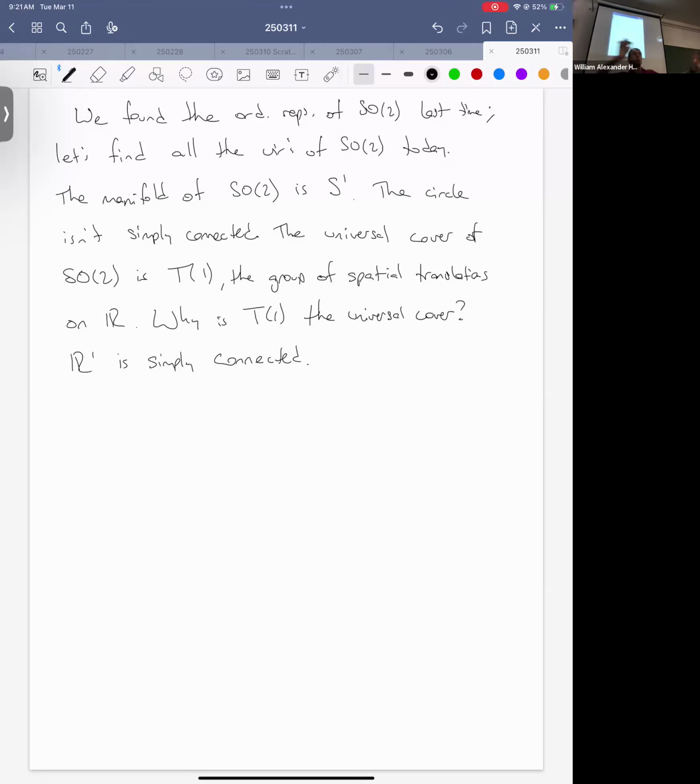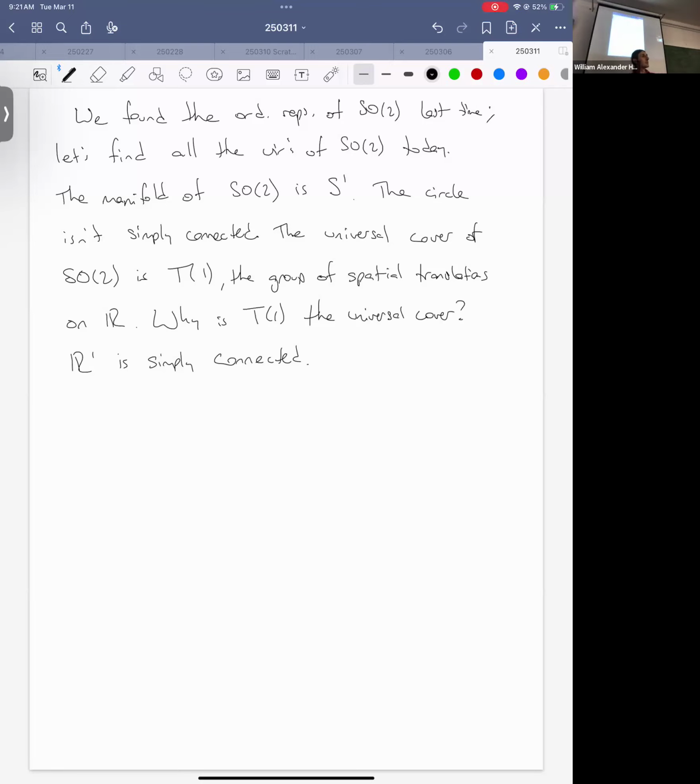Maybe if it's not, let's just think about the real line. And it's actually vacuously true, right? Well, it's basically vacuously true. So if I have any path that starts at a point and is a closed path, I must be going out and then back again, one way or the other. And I'm all within the real line, and then I can just contract any of that extra bit of the path down to the point. So it's simply connected. In general, Rn is simply connected.